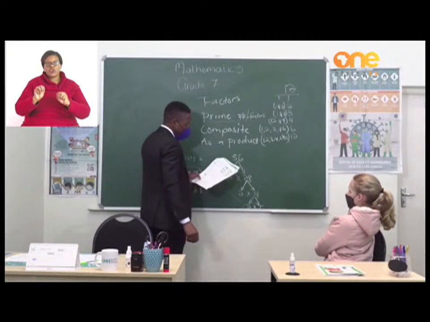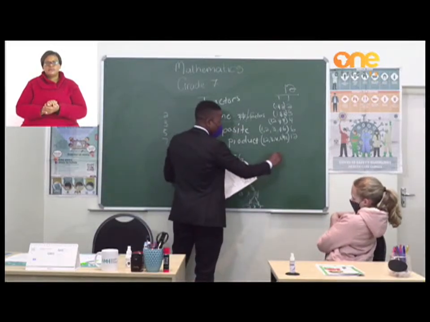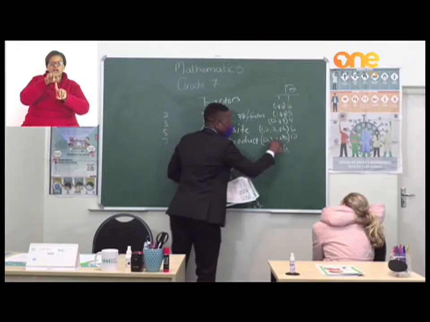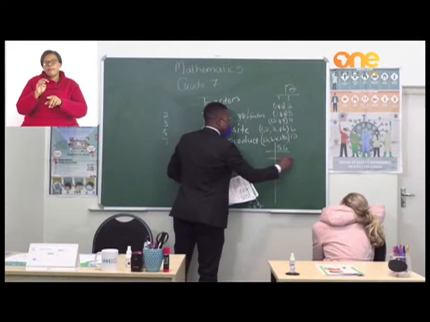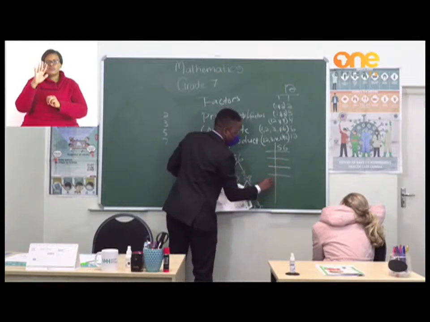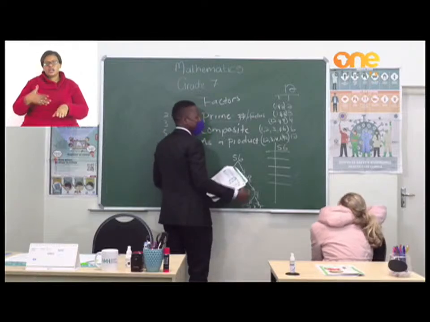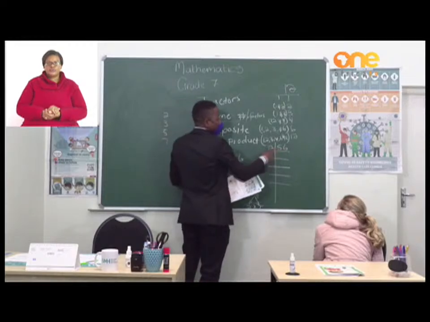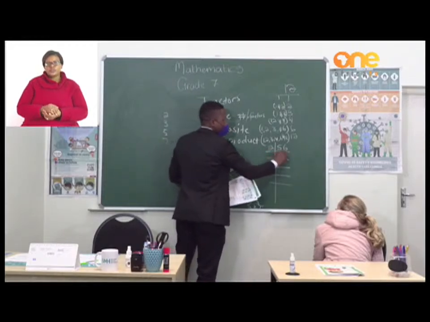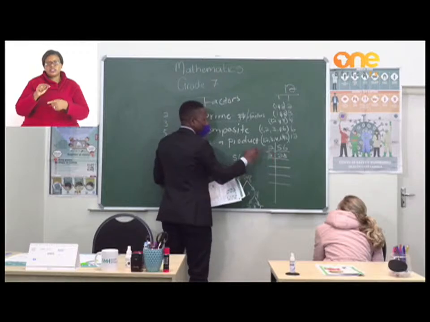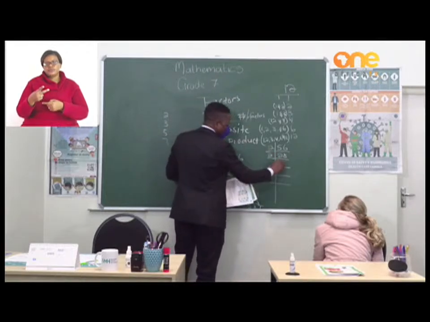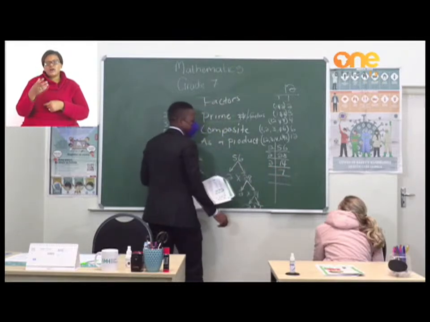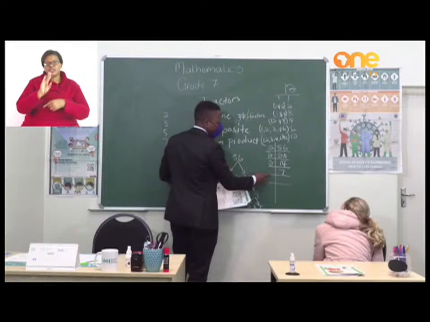Another method is the ladder method, whereby we have 56. Here we must divide 56 by 2. 56 divided by 2, of course, I get 28. Divided by 2, I'll get 14. Divided by 2, I'll get 7. As I said, we cannot divide 7 by 2.